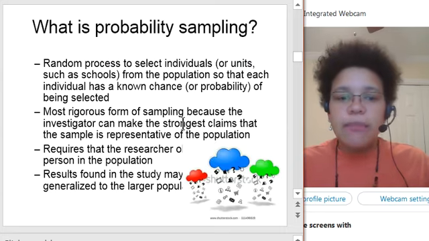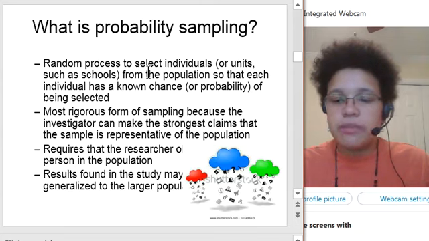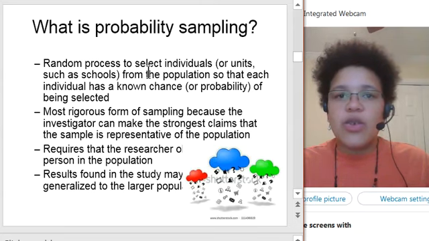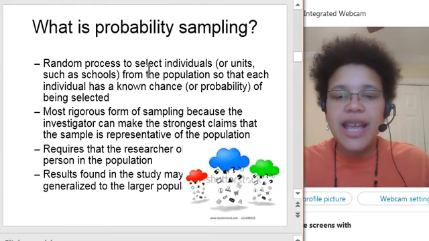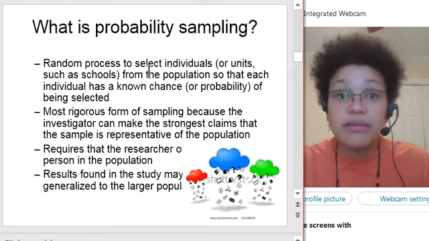And then probability sampling. We are on slide 7. Now this is when you think about this idea of randomized control samples. It relates to probability.